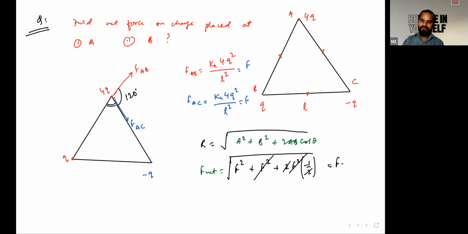Is it the same value F here as you have done in the previous question? I got F root 15. The value of F is? F root 15. I'm not asking about the net force. I'm asking about the value of F only. It's kq square by L square. Okay. But in the previous part, we assumed F as 4kq square upon L square. Yes, sir. So they are not similar.